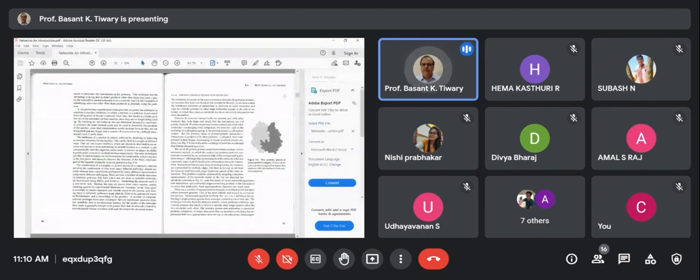And then another type of network is the protein-protein interaction network. Now, if you look at the protein-protein interaction network, proteins interact with one another and with other biomolecules, and the interactions are not purely chemical.